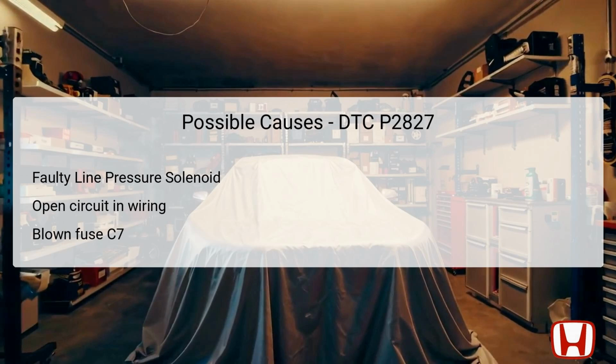Additionally, a blown fuse, specifically fuse C7 rated at 15 amps, could cause this issue by interrupting power flow to the solenoid. Each of these causes can lead to the symptoms associated with this DTC, and identifying the correct one is vital for successful resolution of the issue. Therefore, thorough inspection and testing of these components and circuits should be performed methodically.